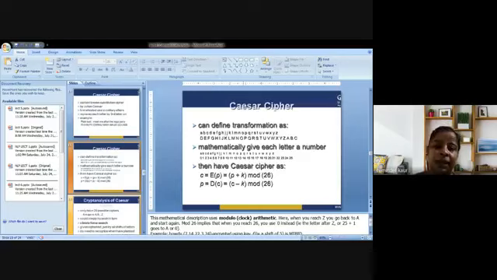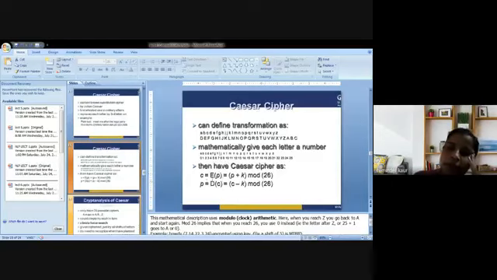K means the key, P means any plain text letter, and K is the shift of 3. Why do we use modulus of 26? Because there are 26 letters.